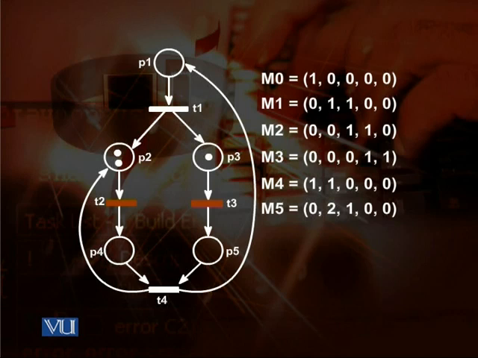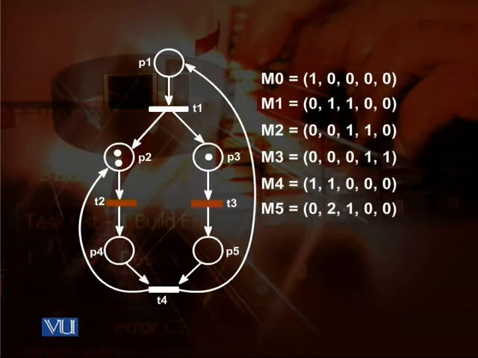Note one thing here, what has happened is that when we fired T1, it took 1 token from P1 and it deposited 2 tokens, one in P2 and another one in P3. Hence, the total number of tokens that we now have in our system is 3.